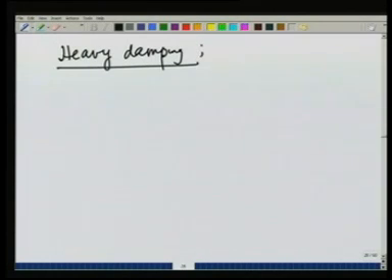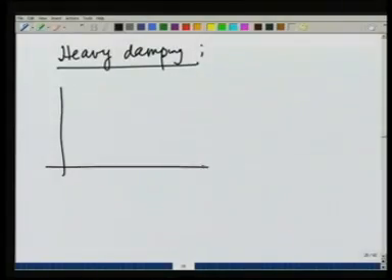If you recollect the previous lecture, we recall that in heavy damping, without an applied force, the motion finally came to a stop like this.